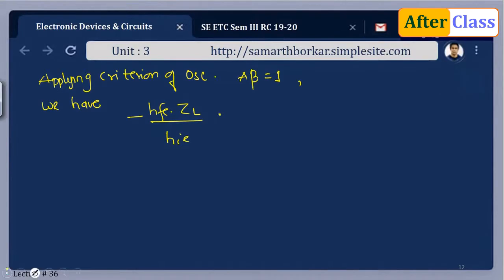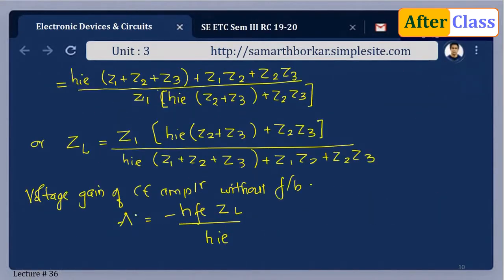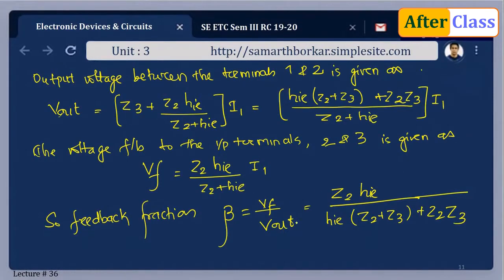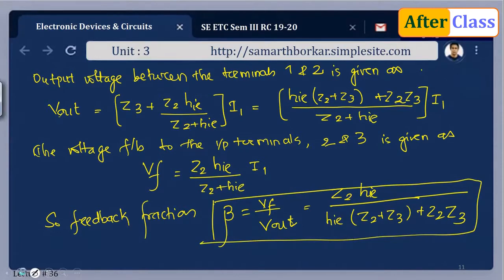So this is the value of gain A without feedback, and now what we want is the value of feedback, that is beta, and we have calculated it as VF by V out with this expression. Fine. So this is the value of beta.